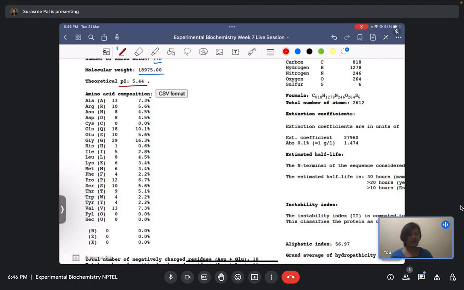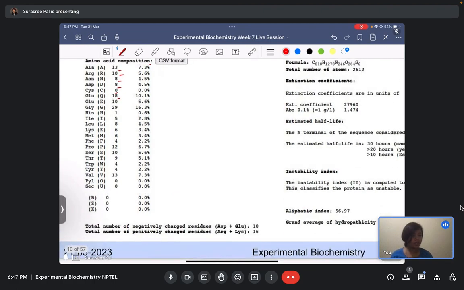So for example, there are 13 alanine in this protein, 10 arginine, 8 asparagine, 8 aspartate, there is no cysteine, then there are 18 glutamine. Like this it will give us the composition of the amino acid sequence. Also it will give us the total number of positively charged residues and the total number of negatively charged residues: aspartate and glutamate, and arginine and lysine.